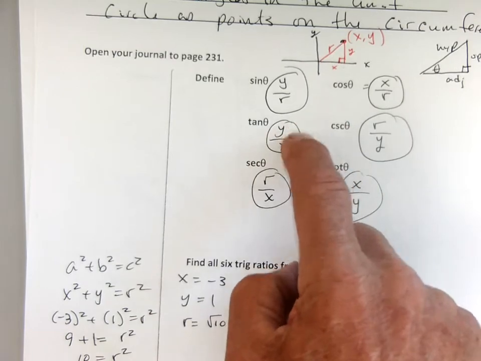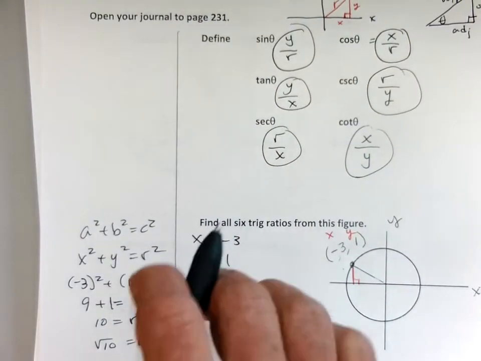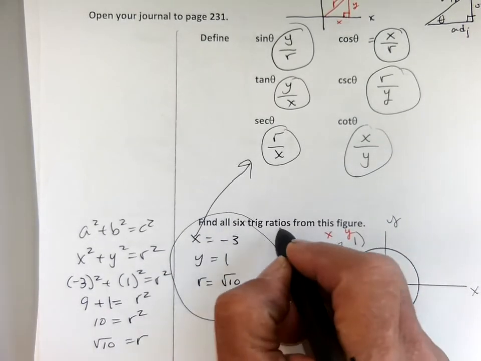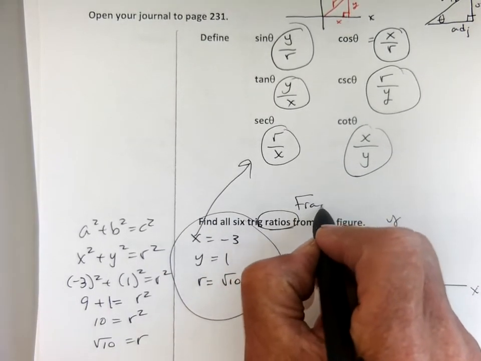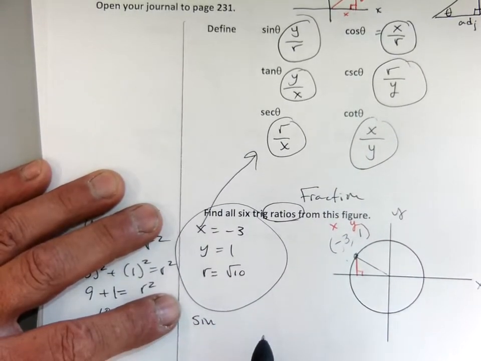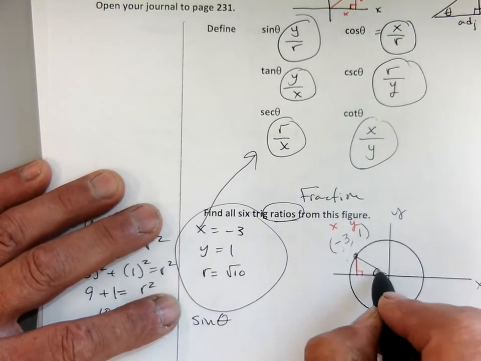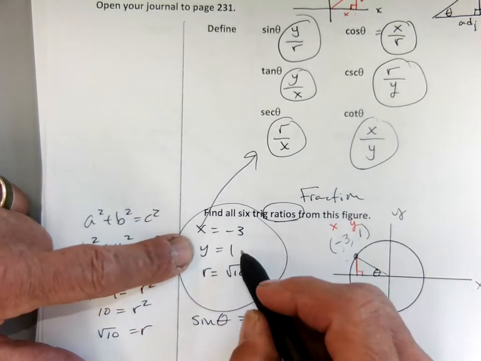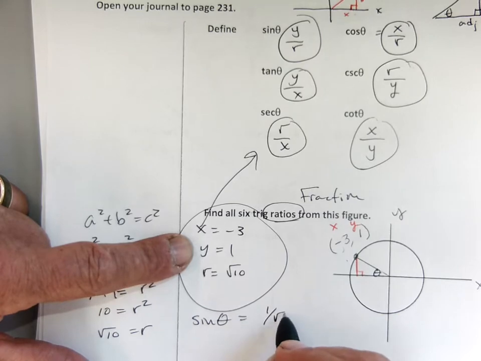So let's just do that. I'm just going to take these numbers and plug them into our ratios, okay? Ratios is a fancy word for fraction. So the sine of theta, theta would be right about there, is going to be y over r, so it's just 1 over the square root of 10.